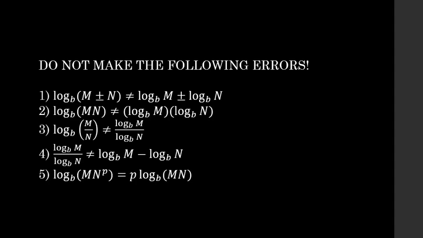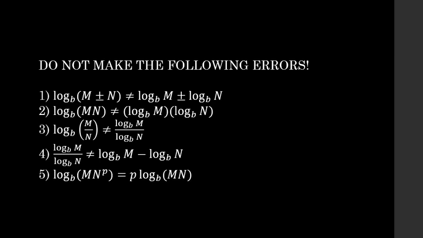The log of the difference or sum of two things is not equal to the difference or sum of those logs. That's number one. Number two, the log of the product is not equal to the product of the logs. Similarly, number three, the log of the quotient is not equal to the quotient of the logs.